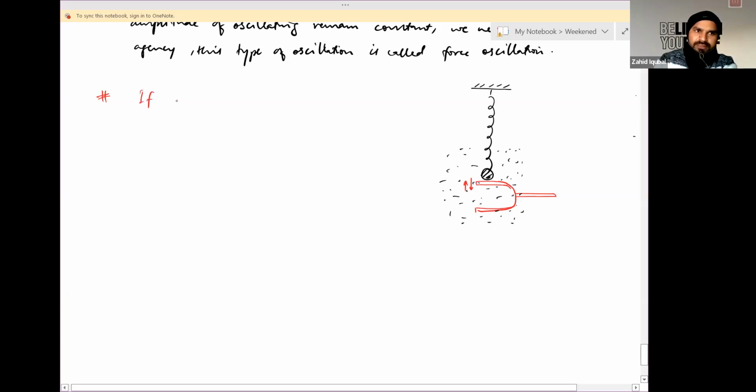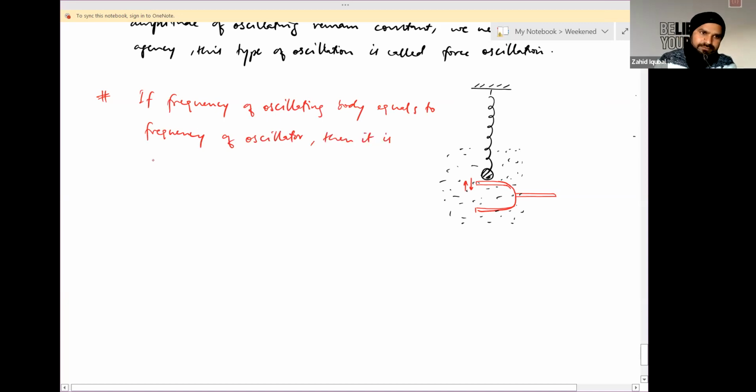So if the frequency of the oscillating body equals the frequency of the oscillator, then it is called resonance frequency.